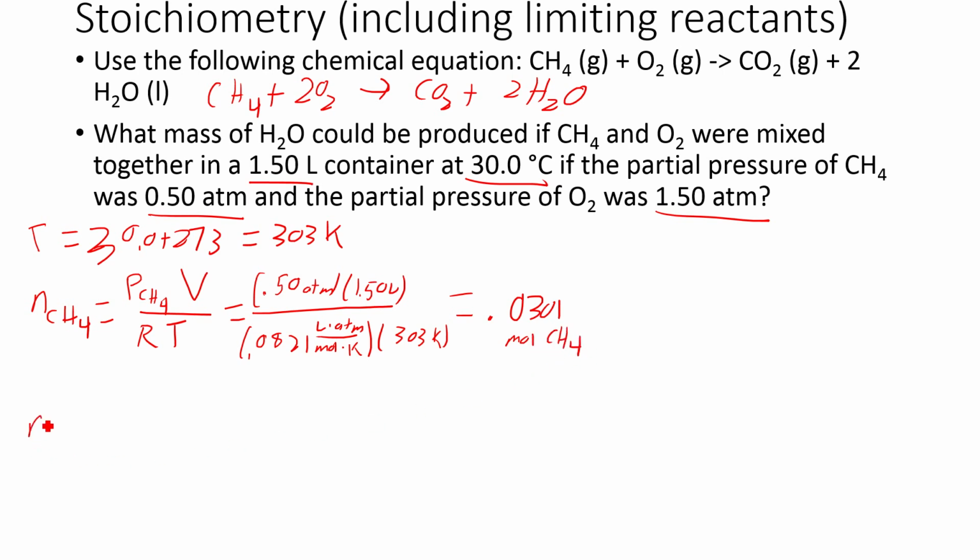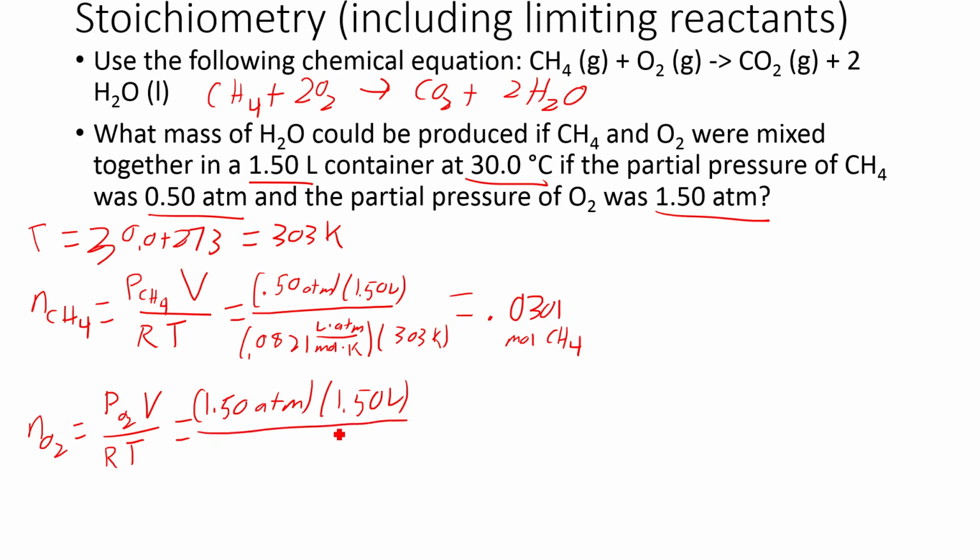Now we need to find our moles of oxygen. We have nO2 is equal to, just like above, pressure of O2 times volume over RT. The pressure of O2 is 1.50 atmospheres. We've got a volume of 1.50 liters. We have an R, 0.0821 liters times atmospheres over moles times Kelvin.